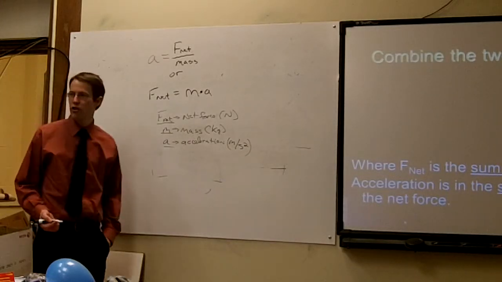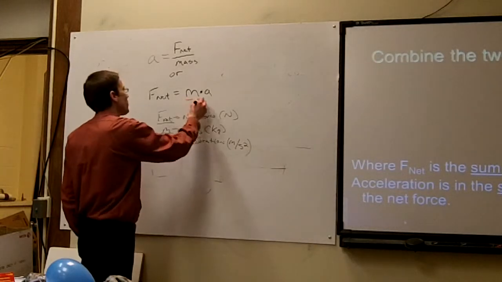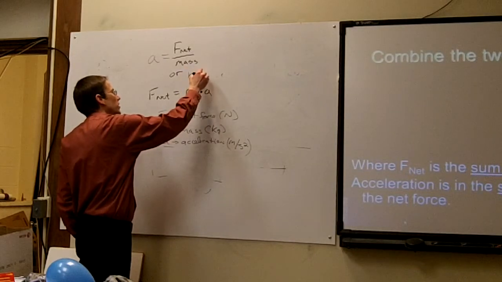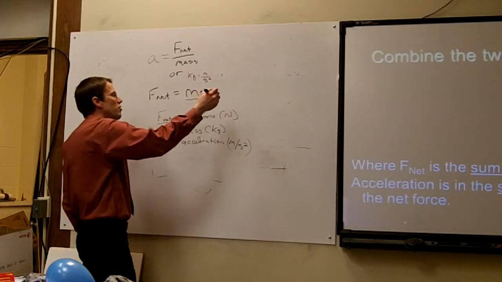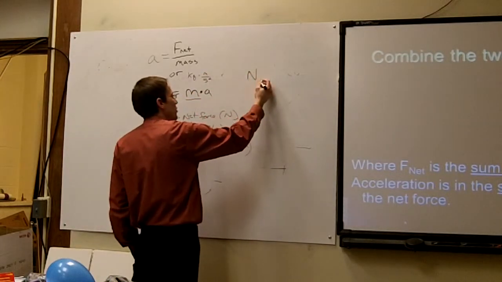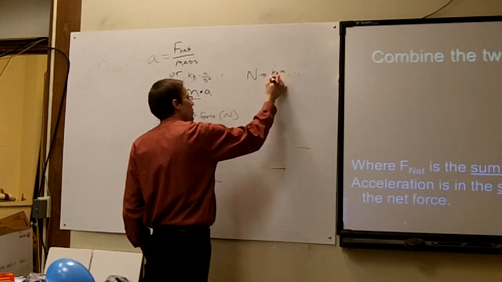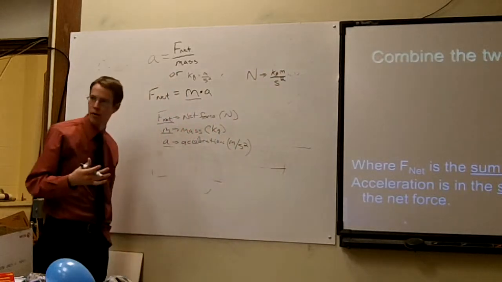Now let's talk about units here. We're going to get some funky units. Mass, its unit is kilogram. Acceleration is meters per second squared. So a newton is a kilogram meters per second squared. Those two are interchangeable.